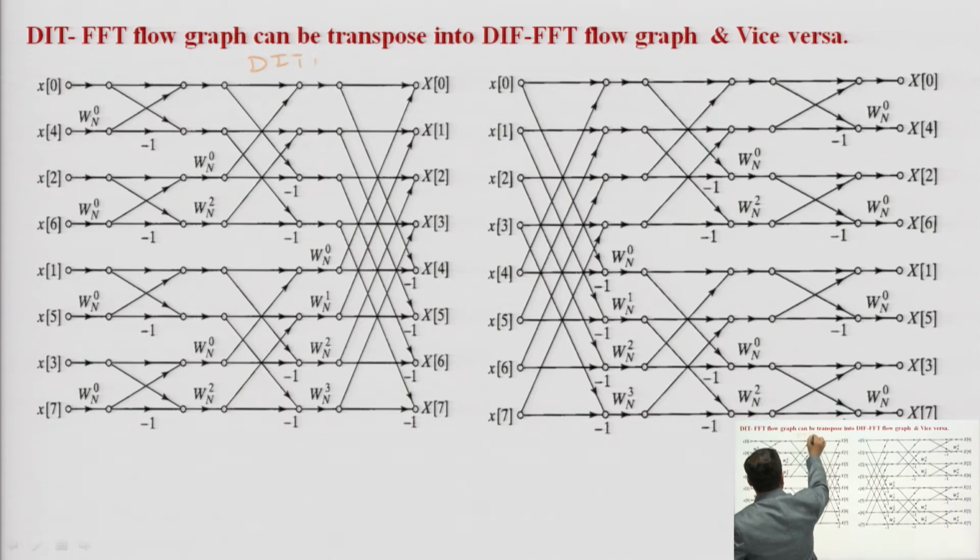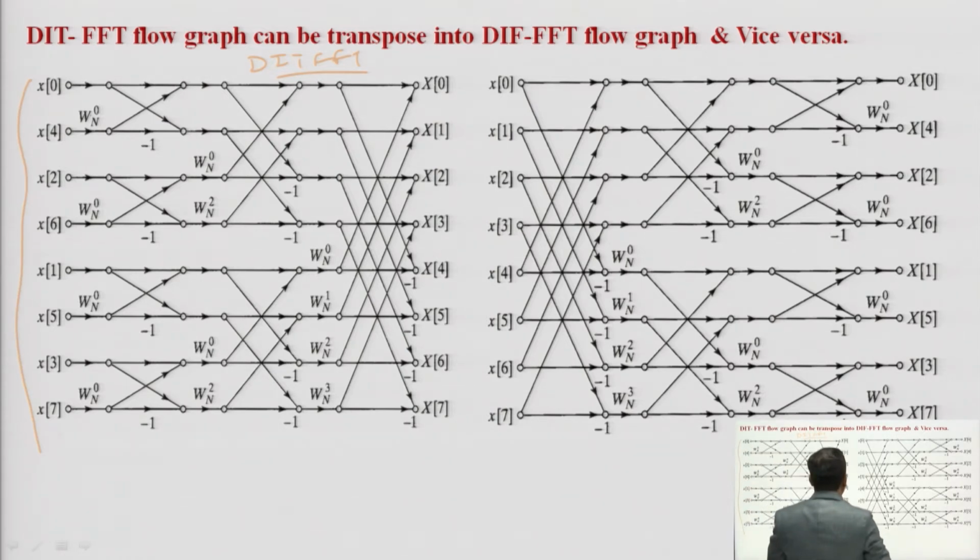Okay. Why? Because you can see in the structure here that you are decimating your time domain and calculating the corresponding frequency domain in order. It means your time domain order is disturbed here, because you are decimating, you are splitting your sequence in the time domain.